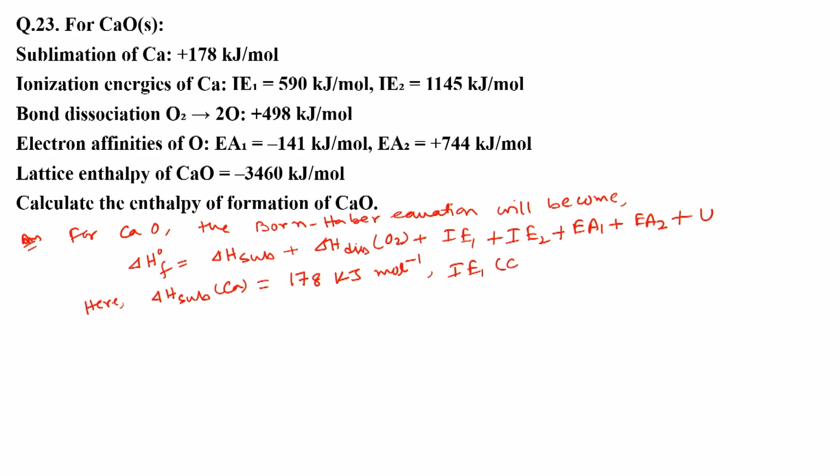IE1 of Ca is 590 kilojoule per mole. IE2 of Ca is 1145 kilojoule per mole.